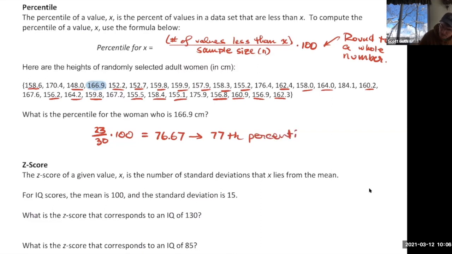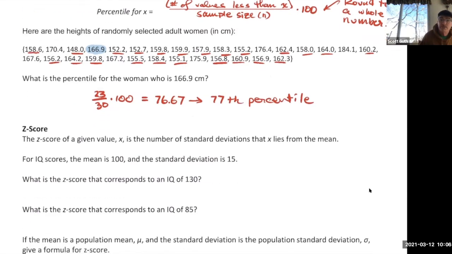And again, it's a rounded value, but you're basically saying that this value, the 166.9, is taller than 77% of the other values.